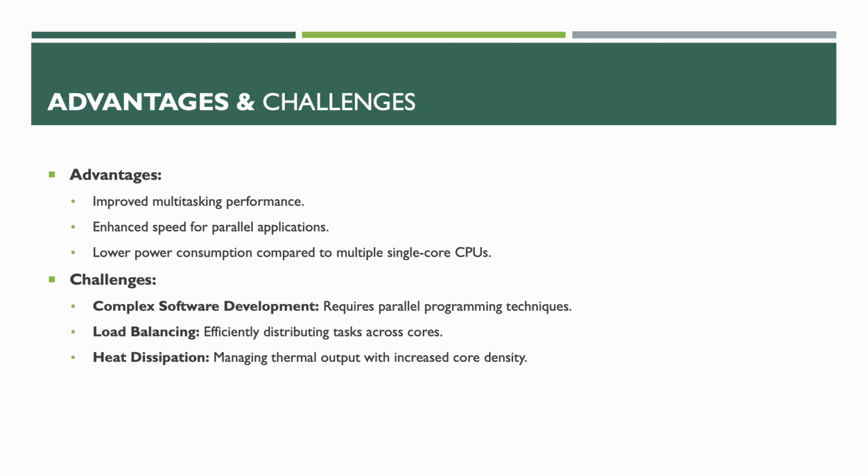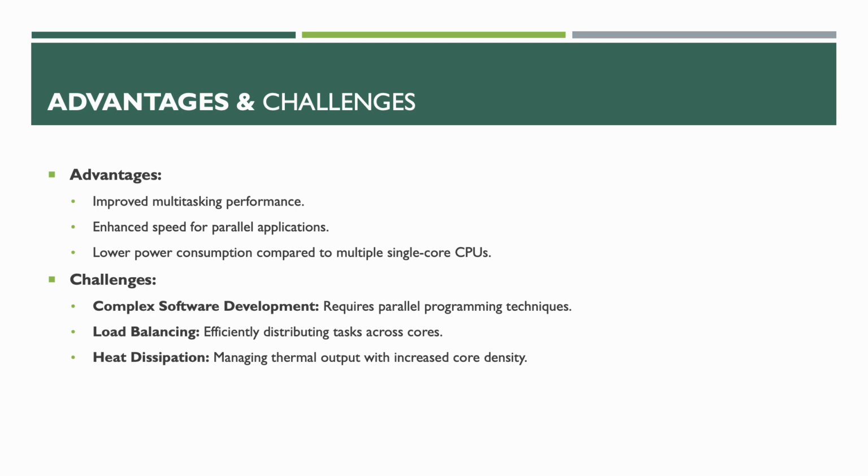So, here we also have some advantages and challenges in multi-core processors. First of all, in advantages, multiple cores allow simultaneous execution of tasks, making systems more responsive, which means improved multitasking performance. And then enhanced speed for parallel applications.